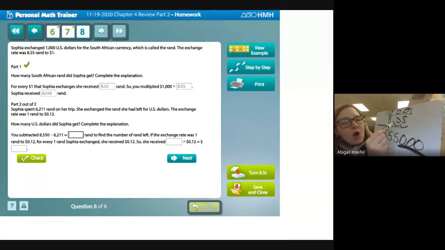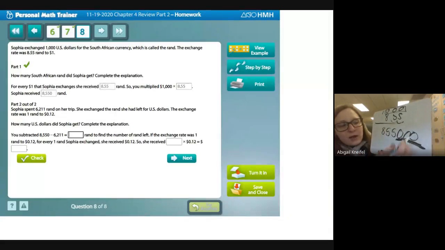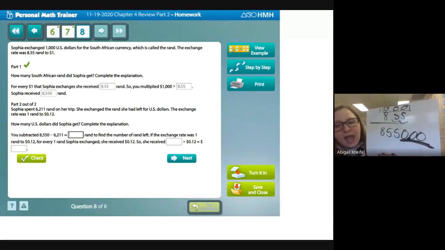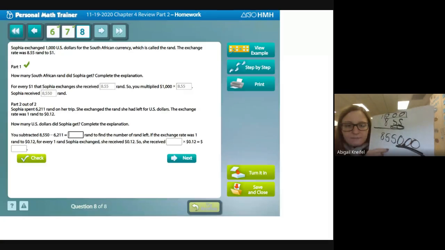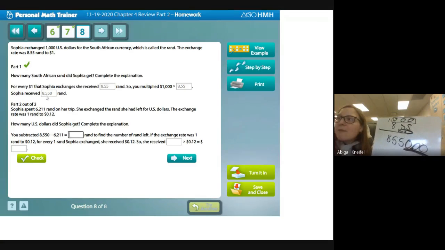But my decimal only needed to go in 2 places, so I just need to put it 2 places from the end. So the answer was 8,550.00. Because the decimal only needs to be in 2 spots. So I have to move it from the original spot. Okay? That is why it was 8,550.